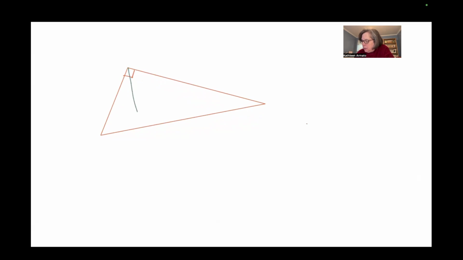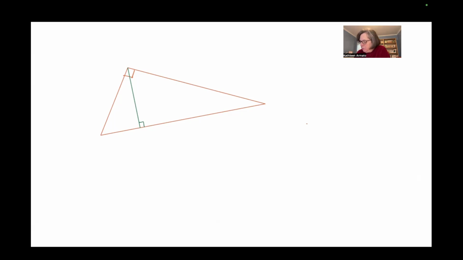So if this angle is right, and you draw a perpendicular to the hypotenuse from the right angle, you divide the triangle into two other right triangles, and those two right triangles will be similar to the original right triangle.